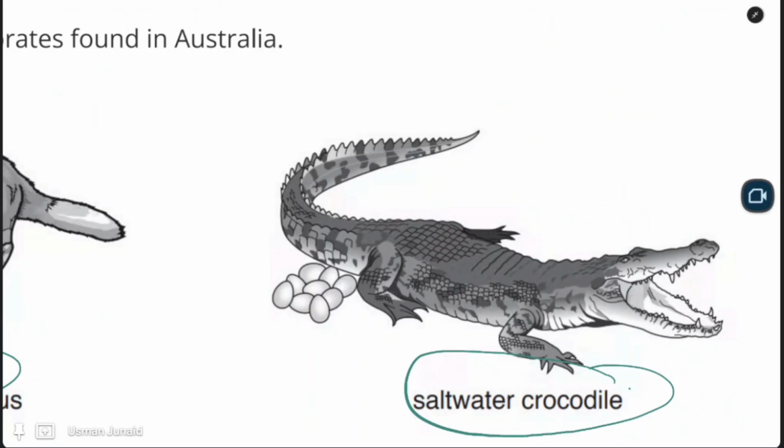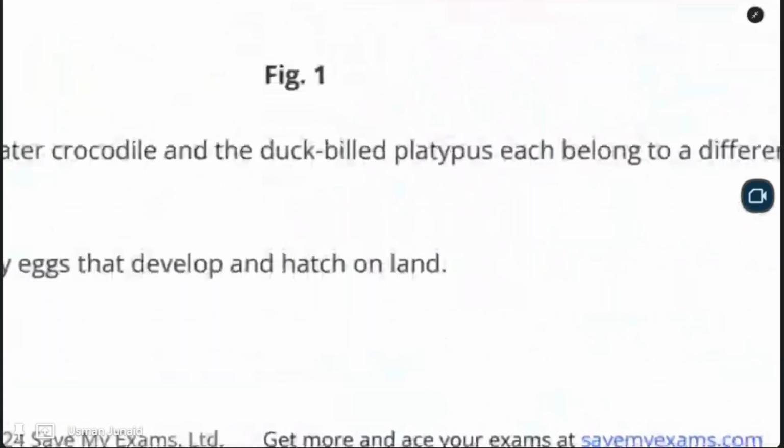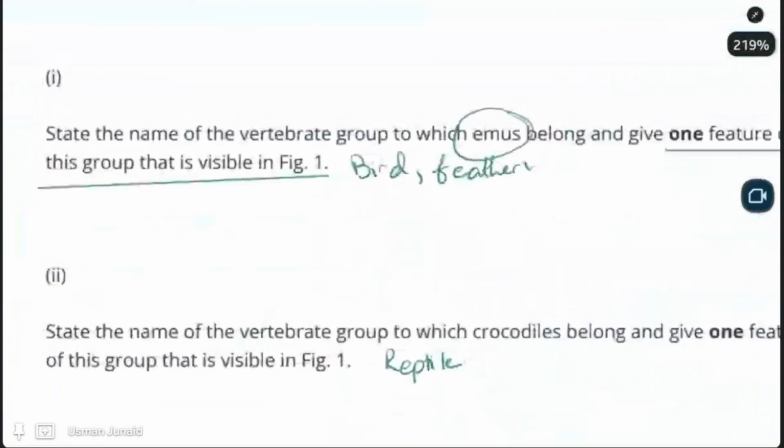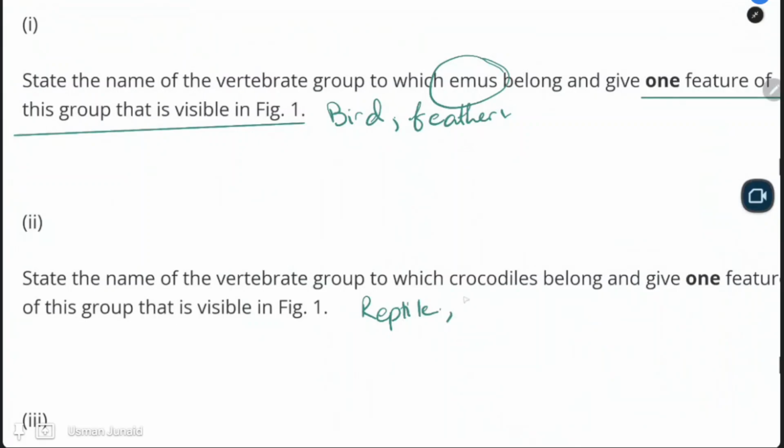They have scales. Yes, they have scales. So it is a reptile and it has scales.